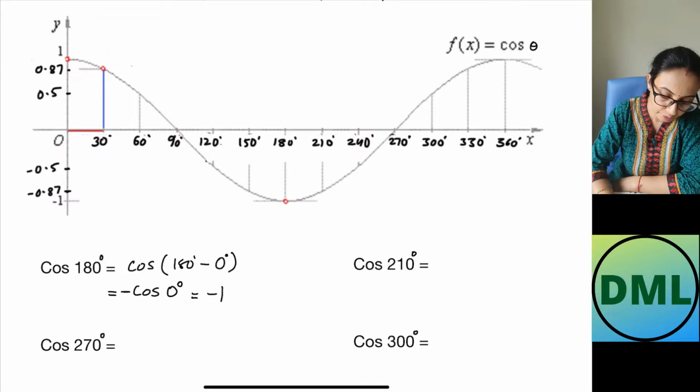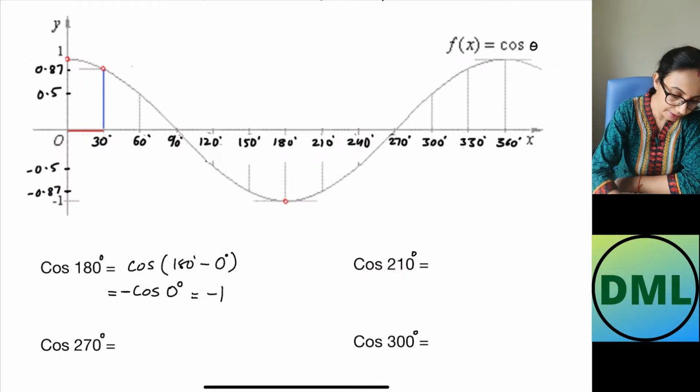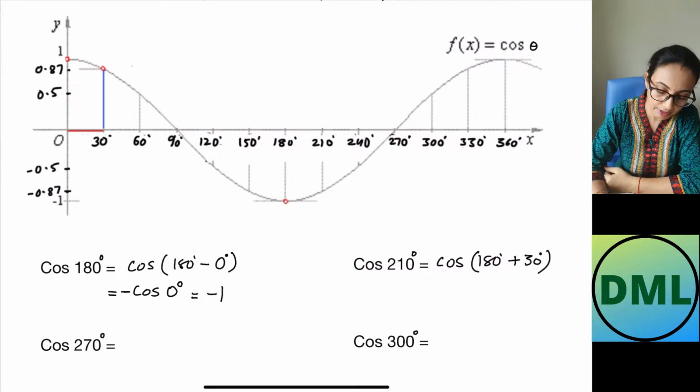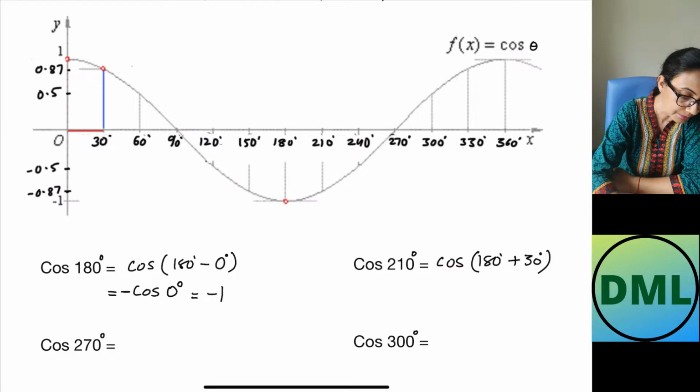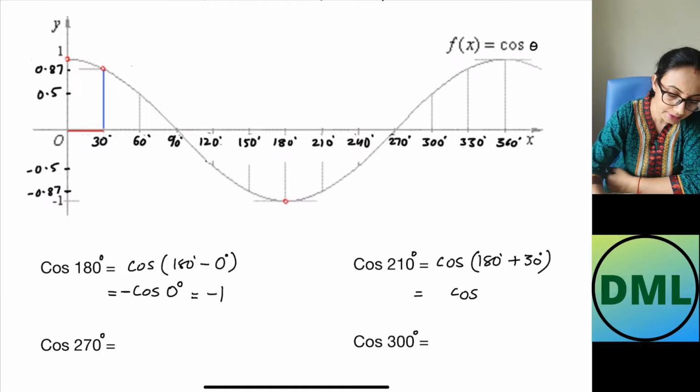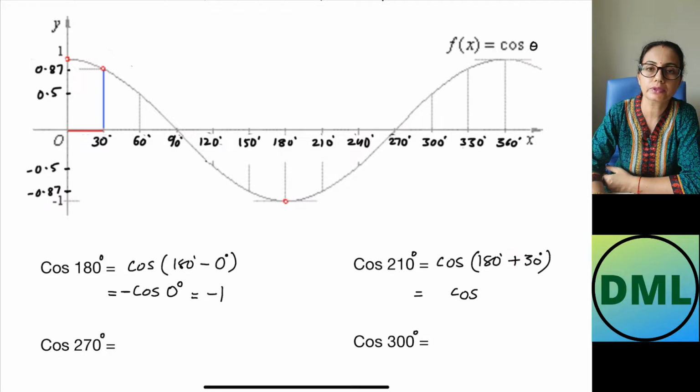Let's find out the value for cos 210 degree. Cos 210 will be written as cos of 180 degree plus 30 degree. As we know, for 180 degree, cos will remain cos only. Let's write down cos here. 180 degree plus, I am reaching the third quadrant.